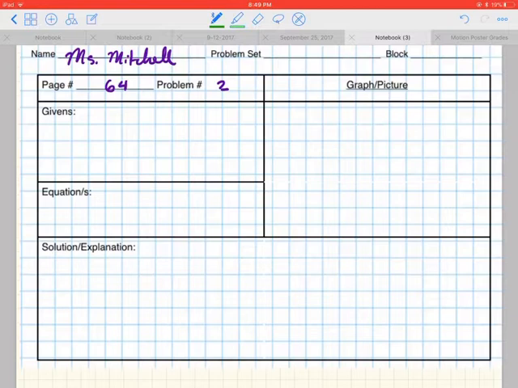So problem number 2 is about the flower pot that is falling from a windowsill that is 25 meters above the ground. The problem asks for two things. Part A, how fast is the flower pot moving when it strikes the ground?